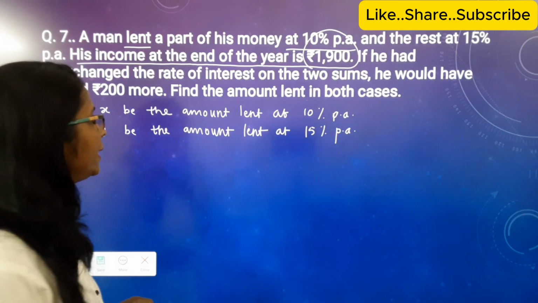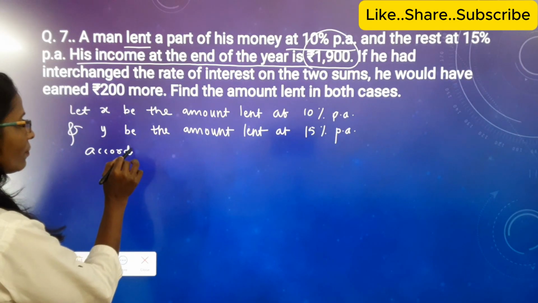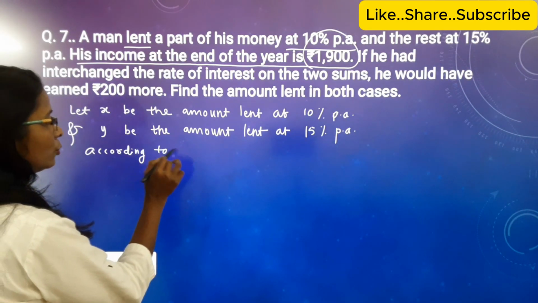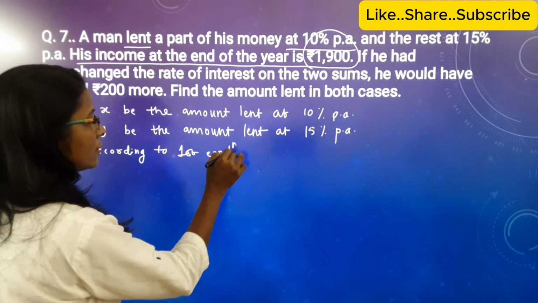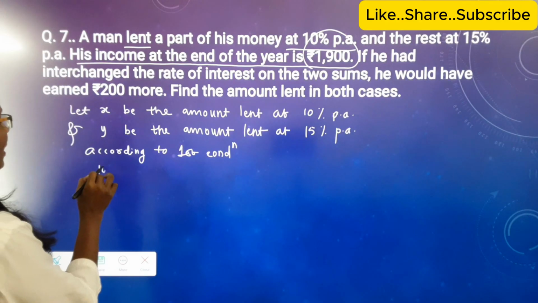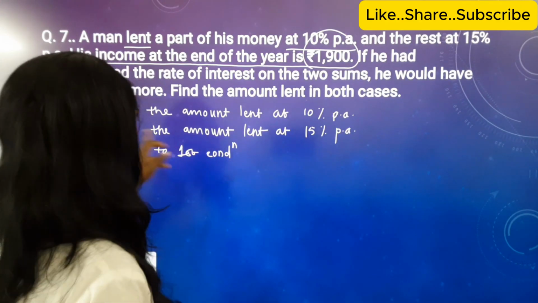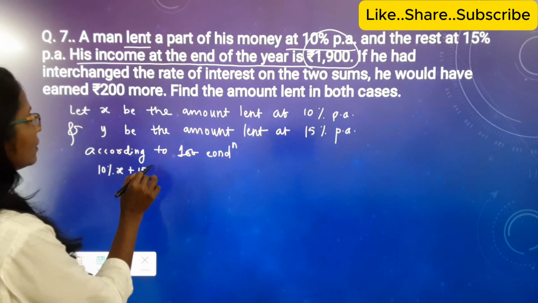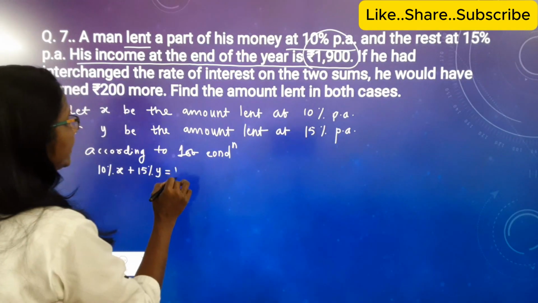Rupees 1900. That means according to the first condition, we have 10% multiply x plus 15% multiply y is equal to rupees 1900.